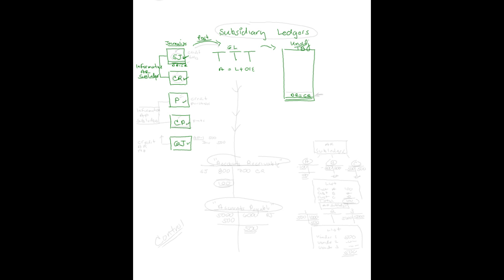When you purchase on credit, it's recorded in the purchases journal, and when you make payments to creditors or vendors, it's recorded in the cash payments journal. So information for your accounts payable subledger principally comes from these two categories: purchases journal for credit purchases, cash payments journal for the cash paid.